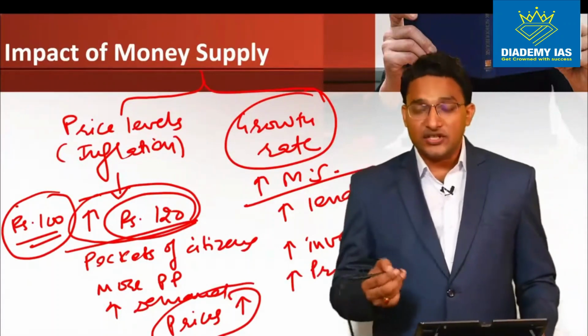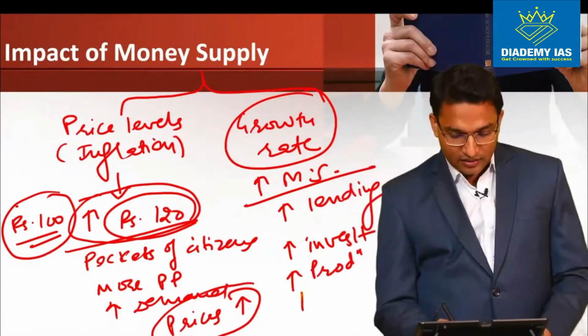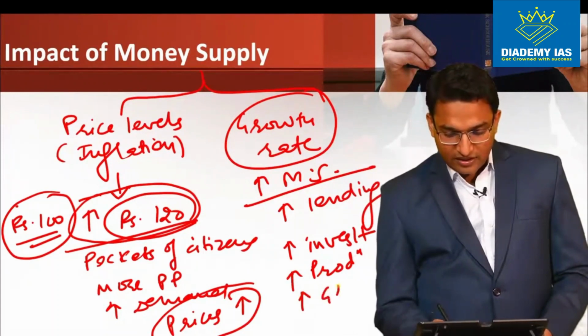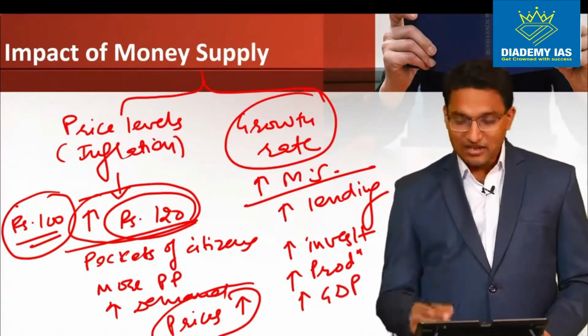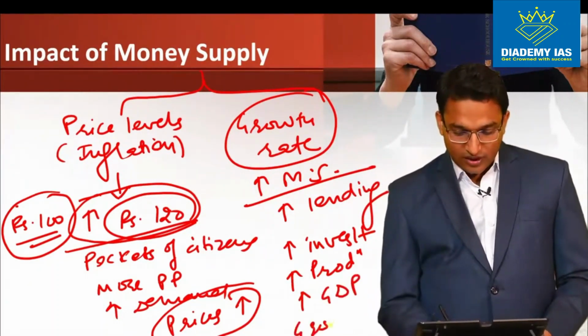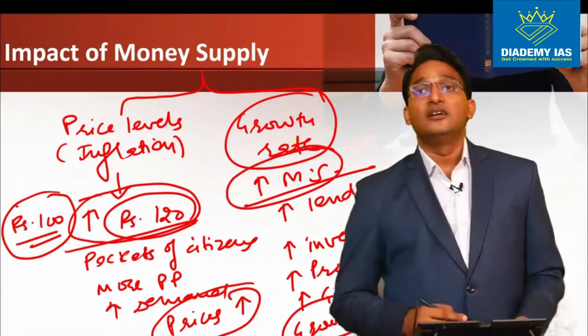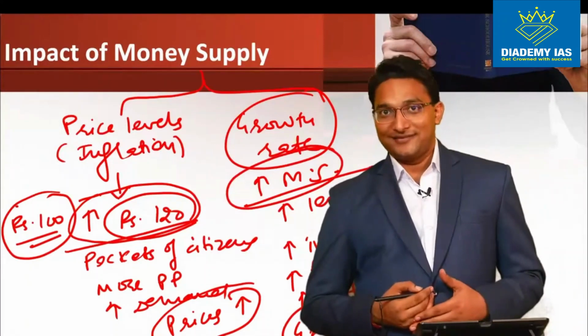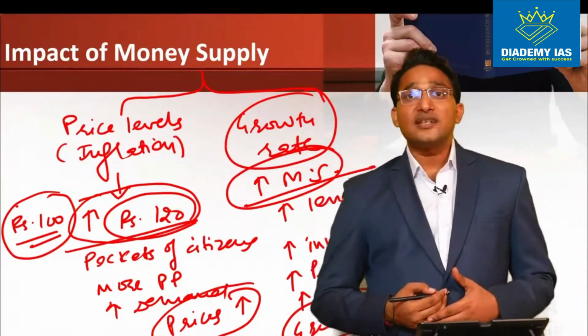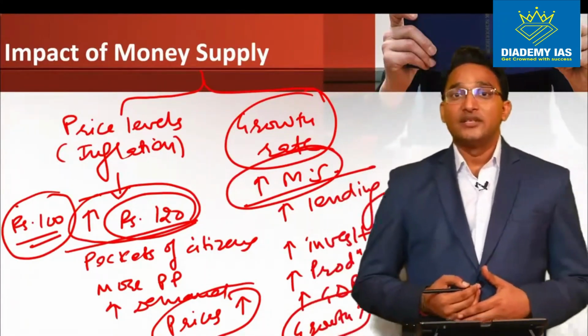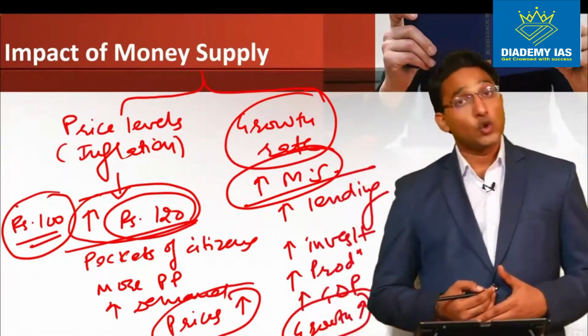When production is increased, the GDP is increased. And when the GDP is increased, the growth rate is increased. So we can say the more the money supply, the more the growth rate. Right? So this is how the money supply impacts the inflation level as well as the growth rate in the country.